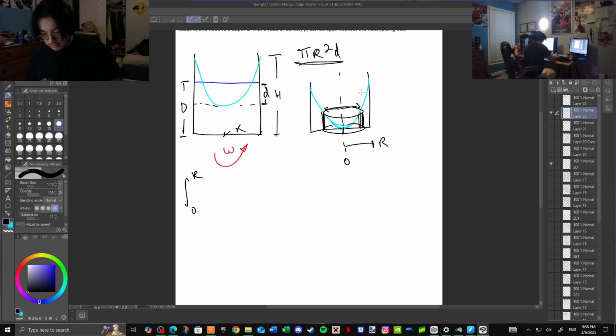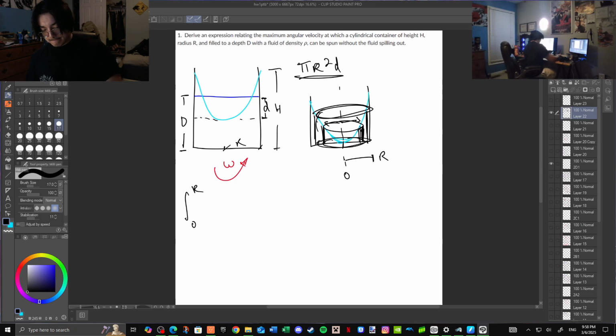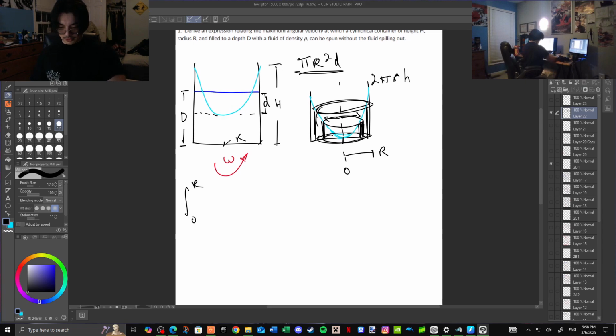We're measuring values of dr in order to find the surface area of this little measurement we're taking. As we take different measurements of dr, we get different surface areas. So the surface area would be 2 pi r times h, right?